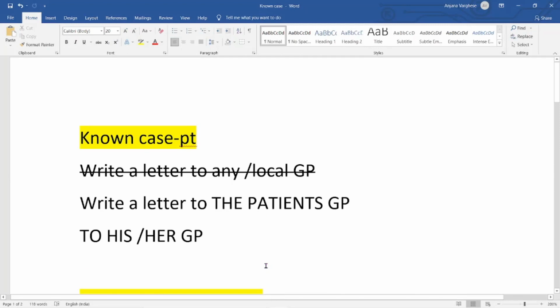In OET writing, it's a common situation that the person whom we are writing to already knows the patient. Imagine you have a close friend who lives in America, and they already know everything related to us.